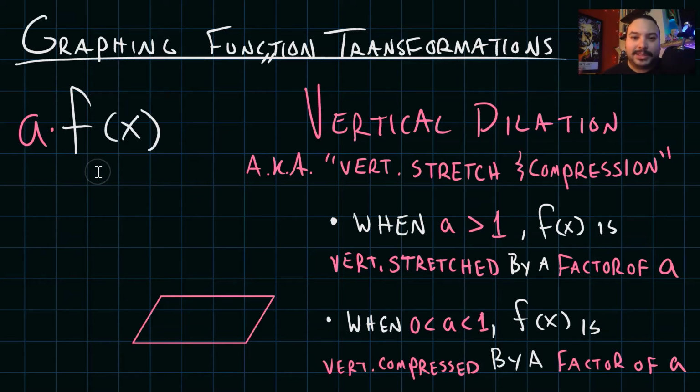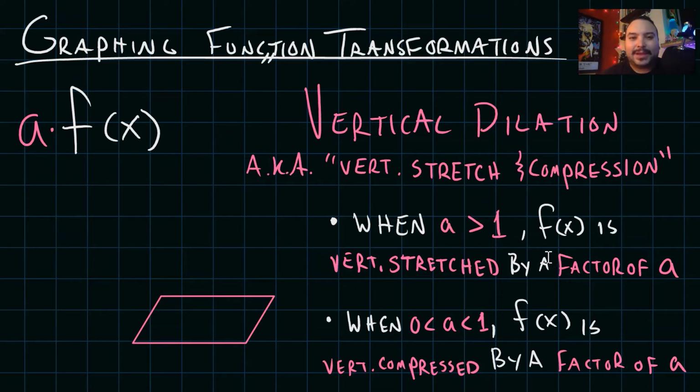Alright, and what it's literally doing, since f of x is considered the range values of your function, right, the y values, you're literally multiplying all of the y values in the coordinates of your function, meaning that they're going to either stretch or compress the graph. When the value a is greater than 1, f of x is vertically stretched by that factor.